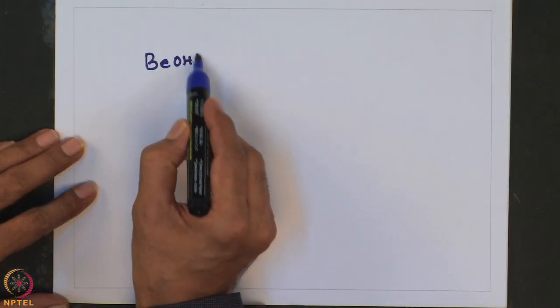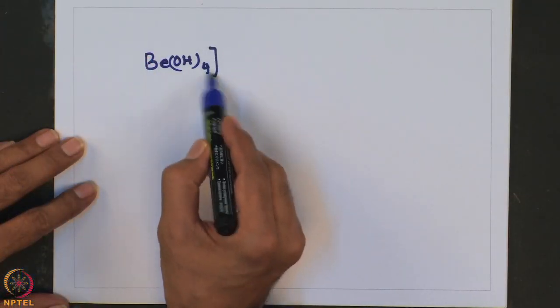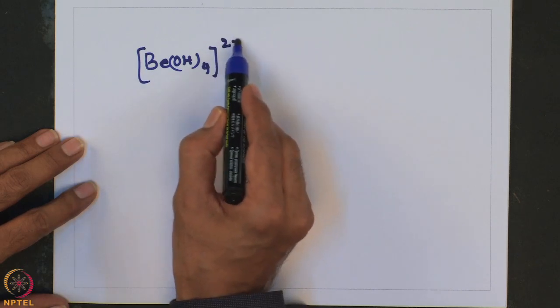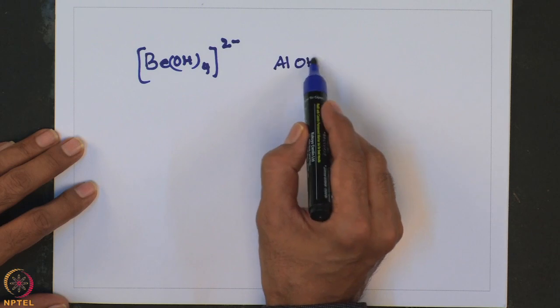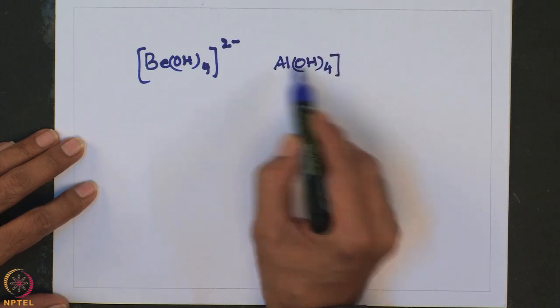In the presence of excess of hydroxide ions, beryllium and aluminum form tetrahydroxy species like [Be(OH)4]2 minus. Of course, aluminum forms similar soluble hydroxide.